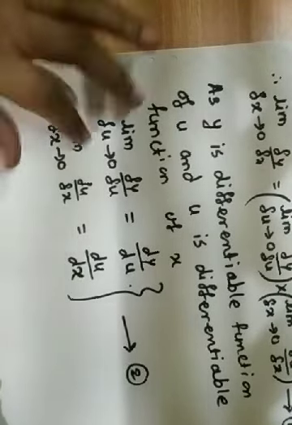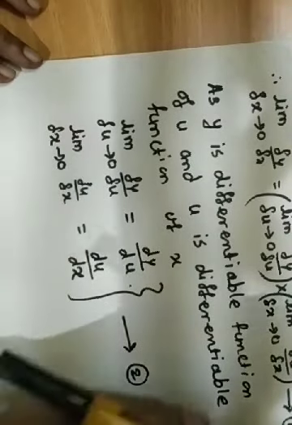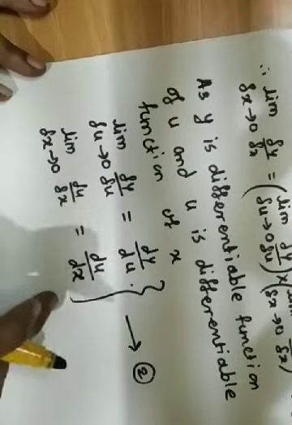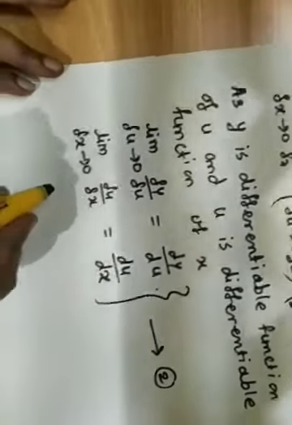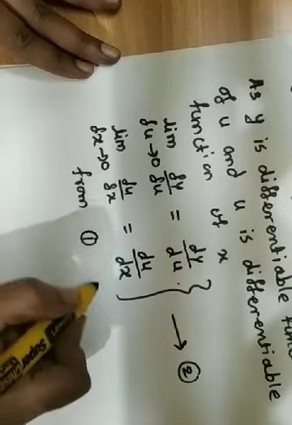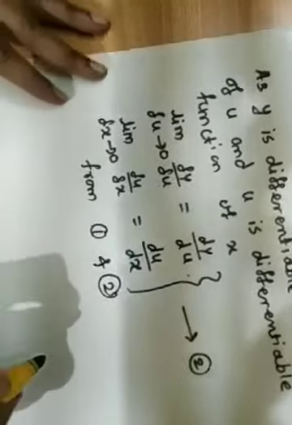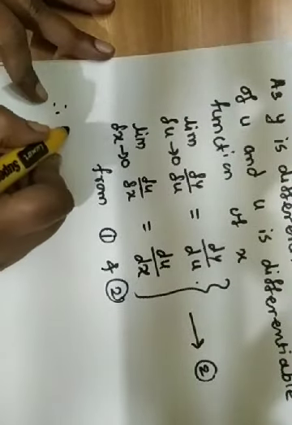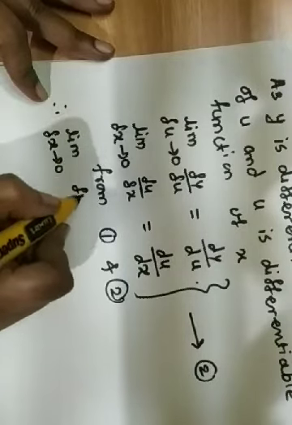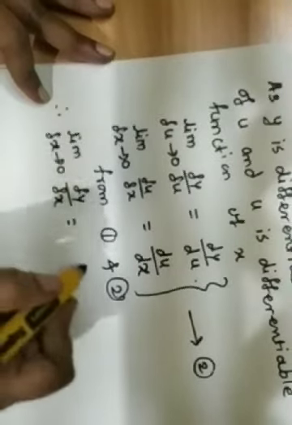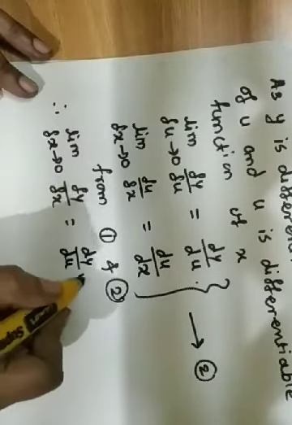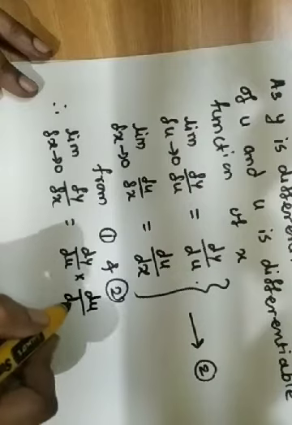Call these two equations 2, and the first is here, and put these values in 1. Therefore, from 1 and 2 we get: limit on the left side, as delta x tends to 0, delta y by delta x is equal to, the right side becomes, dy by du into du by dx.